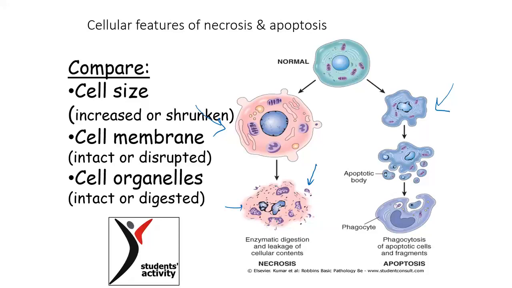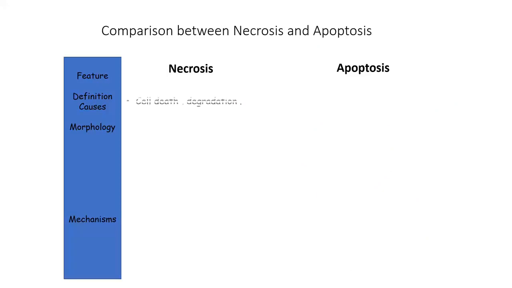Look here, you have the intact mitochondria, intact endoplasmic reticulum. Even after their phagocytosis, they are still intact inside. Look at this necrosis, you have organelles digested by lysosomal enzymes that resulted from lysosomal rupture. So these are the differences between the morphologic features of necrosis and apoptosis.